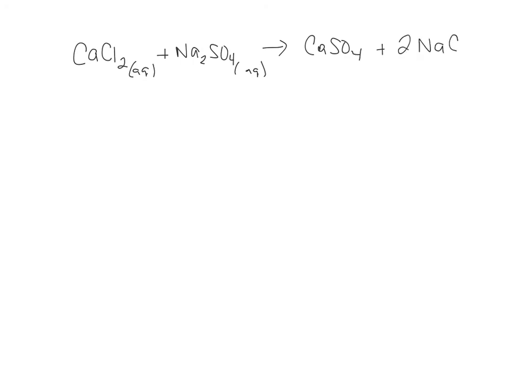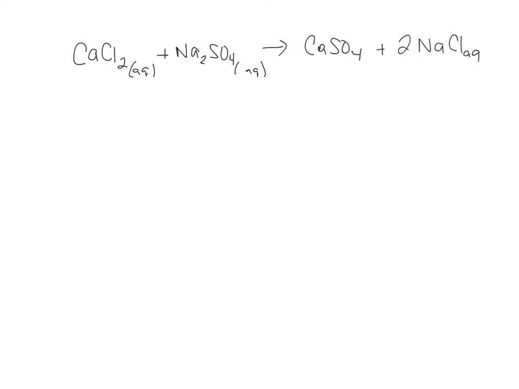So we have calcium chloride, and we have sodium sulfate. So we would form, through double displacement, calcium sulfate and sodium chloride.